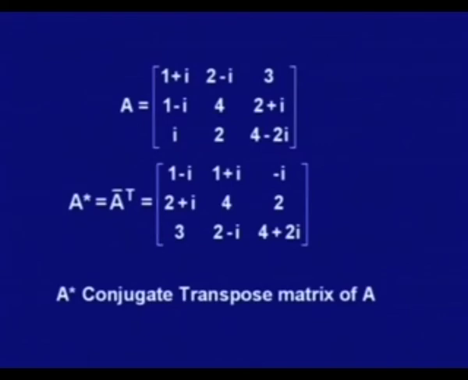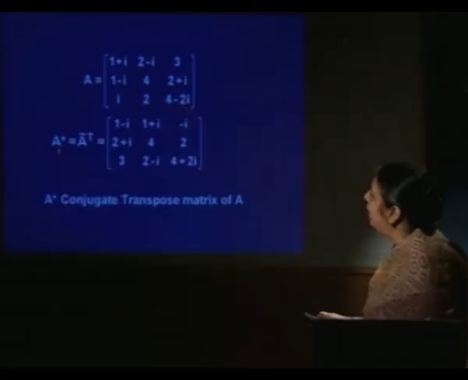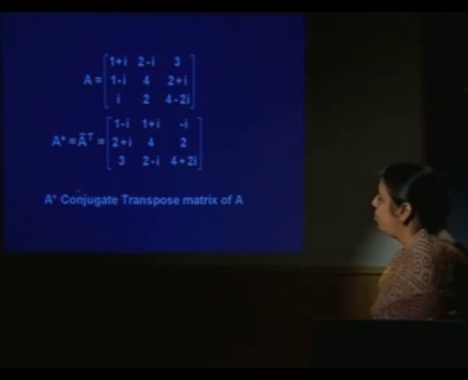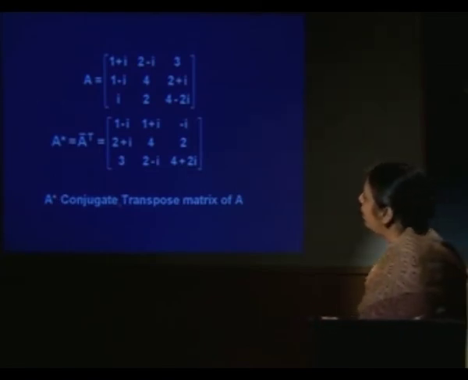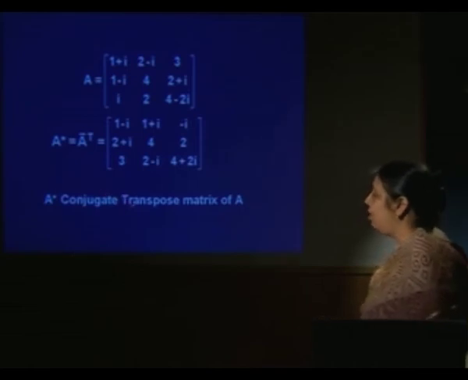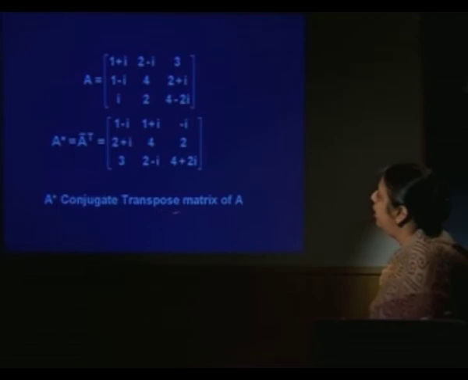Now, if the given matrix is A as this, then we define A star as the complex transpose matrix of A. The complex transpose is a combination of two operations: we take the conjugate of each element and then take its transpose. For example, if A is this, then 1 plus i becomes 1 minus i, appearing in the first row, first column.